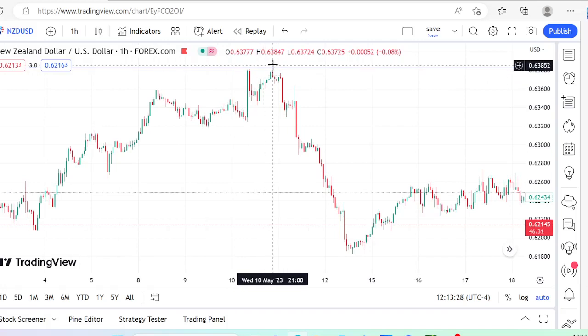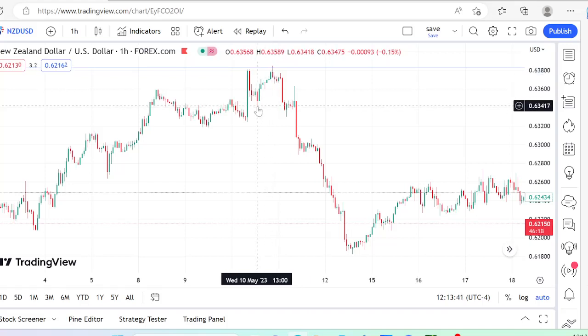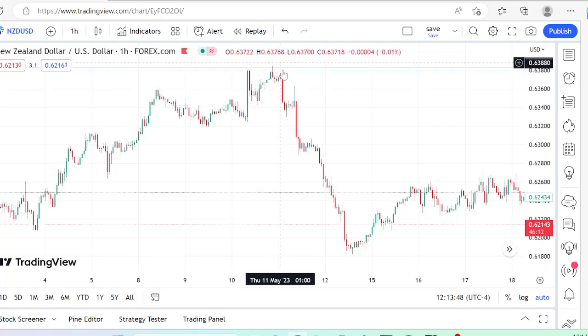It purged that liquidity, and step number two is it's going to revert in the opposing direction to look for sell side liquidity. Step number one, again, it purges buy side, and then you get the displacement where it reverts to sell side. That is a shift in market structure.